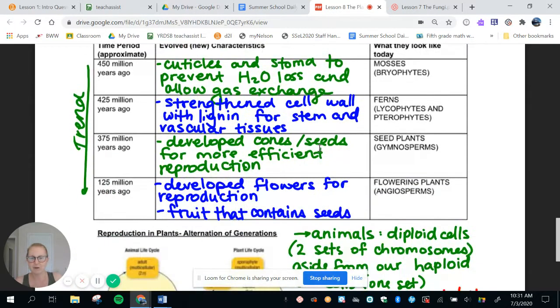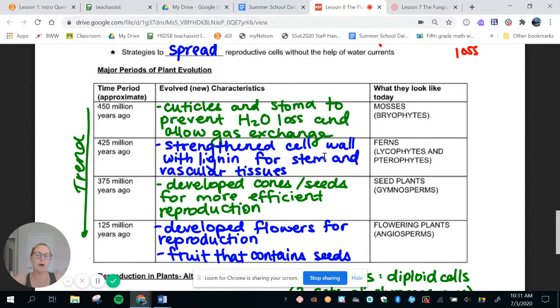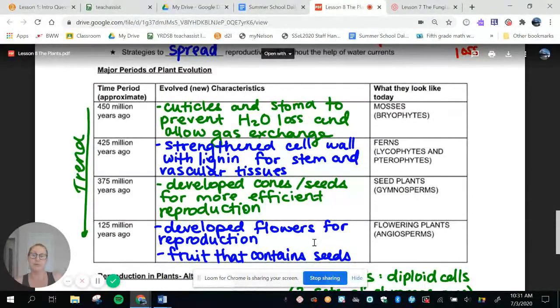The last thing on this little lesson here, I'm really just summarizing what we saw on the first page. So what are the actual adaptations that helped each of these groups to evolve? Now I'll just mention here, I put approximate time periods. What I'm looking for is that you understand just the timeline.